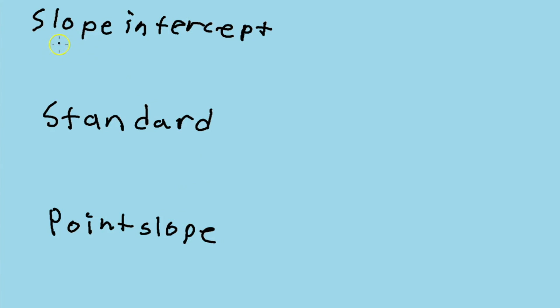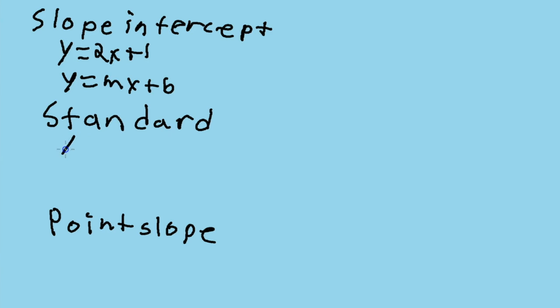You can recall from the last video, the equation that we used as an example, y equals 2x plus 1, is in slope-intercept form. Slope-intercept form can be generalized as y equals mx plus b, and we'll explain what the m and the b stand for later.